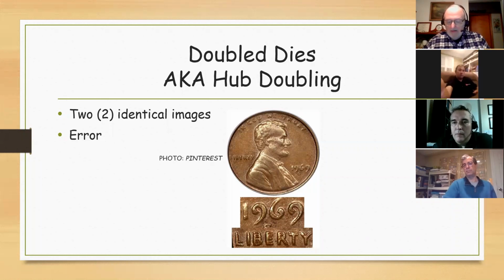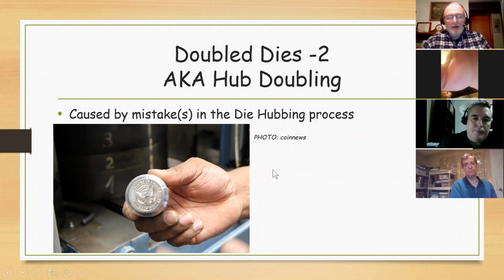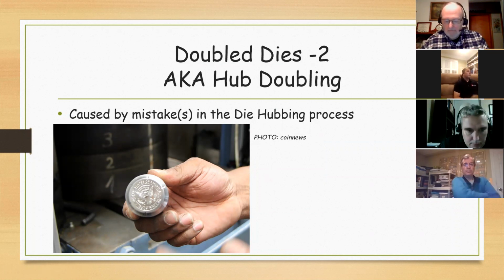Now there's actually 8 classes of double dies. But first I want to look at what causes a mistake a little more. See, that's an actual hub. The hub, by definition, is a positive or relief, a raised image of the coin's design that has been impressed into a solid steel shaft during the process of creating the tools that are required for making coins.